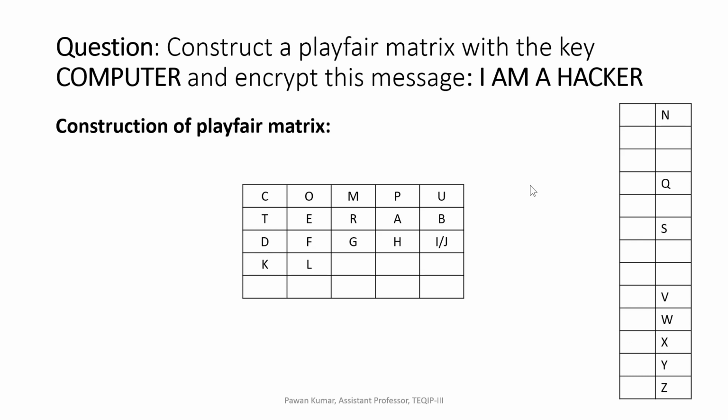Then K, then L, then N, then Q, then S, then V, then W, then X, then Y, then Z. That is the Playfair matrix I have constructed here, and you can see that a single letter appears only a single time in this matrix.